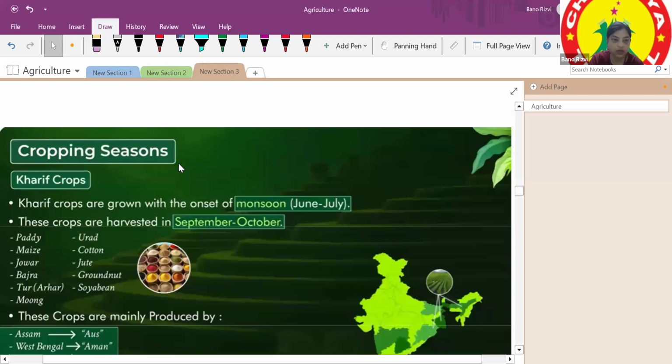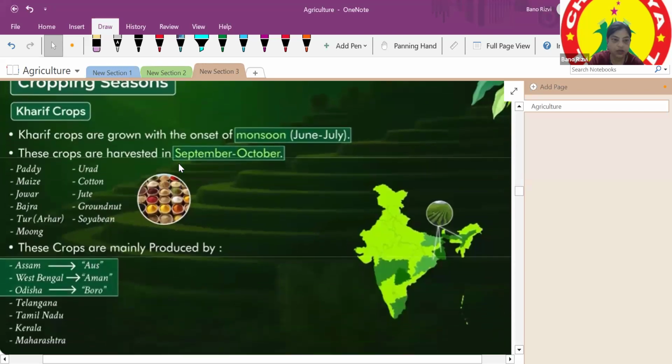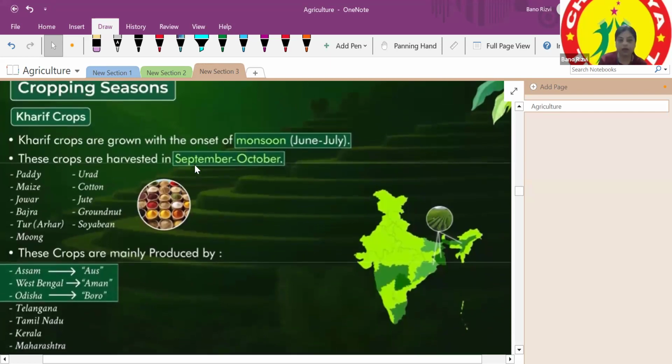Now, Kharif crops are grown on the onset of monsoon, that is June, July. The crops are harvested in September, October. Main crops are paddy, maize, jowar, bajra. Tamil Nadu, Bengal, and Odisha.